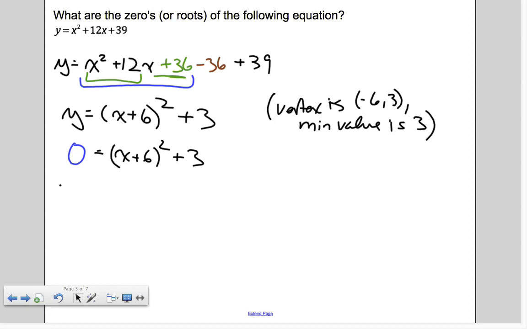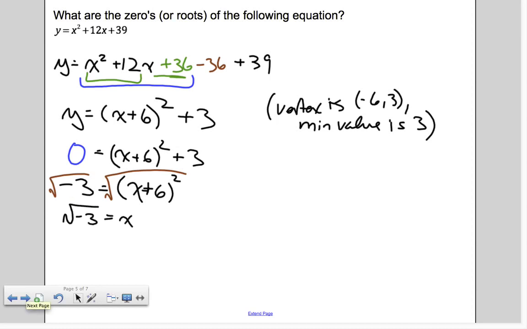Minus 3 is equal to x plus 6 quantity squared. How do I isolate for x now? Square root both sides. So we have the square root of negative 3 equals x plus 6. Subtract 6 from both sides, negative 6. The thing is, you can't square root a negative. So this is plus or minus.